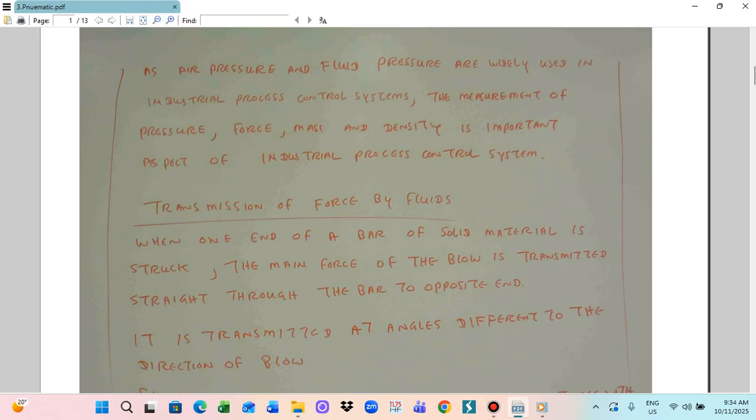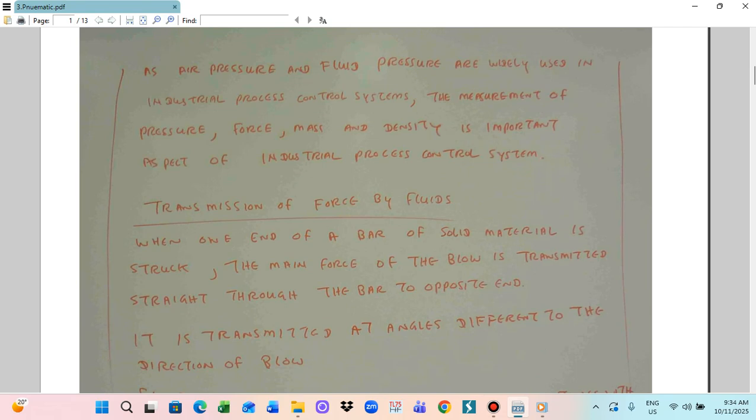So before going through the system, firstly we measure the force. You have to measure the force and also how the fluid transmits it. Firstly we talk about the transmission of force by the fluid, first Pascal's law. When one end of a solid bar is struck, the main force of the blow is transmitted straight through the bar to the opposite end.